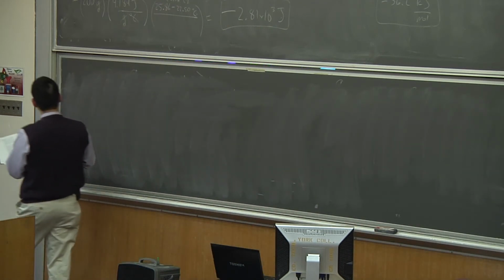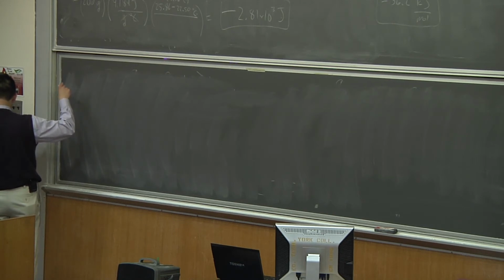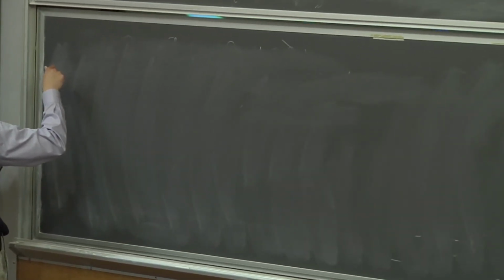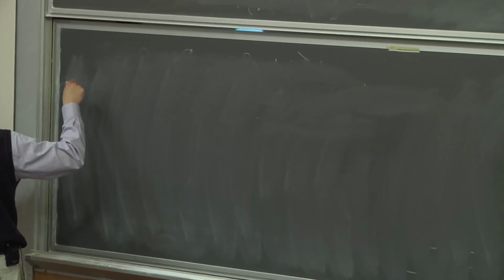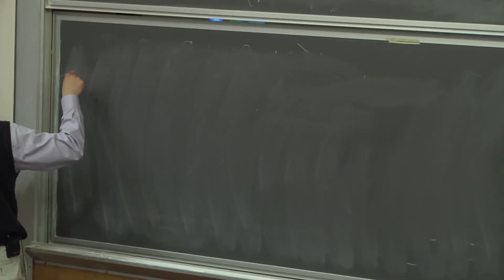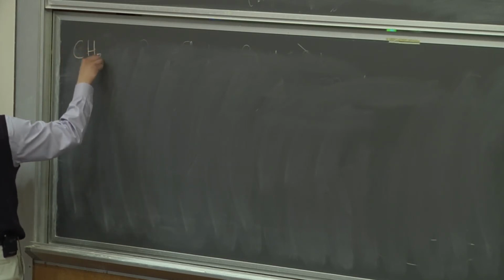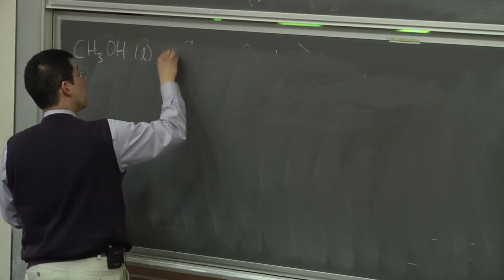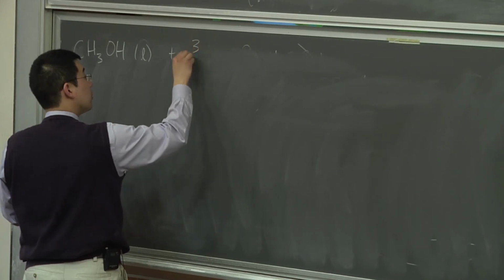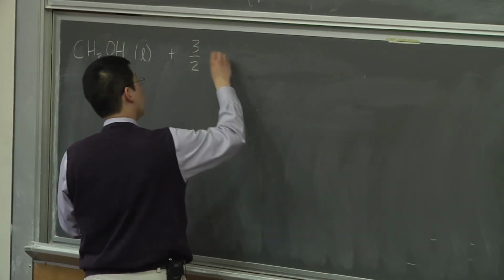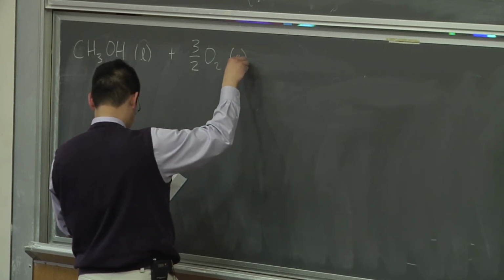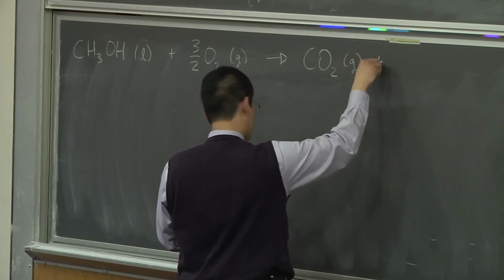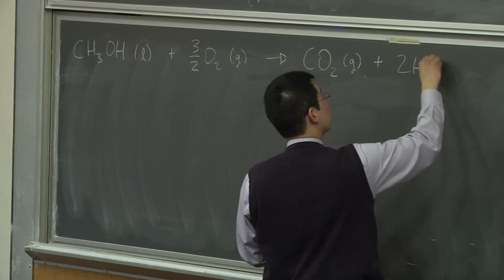All right, so we're looking now at CH3OH, liquid, that's methanol, one type of rubbing alcohol, plus 3/2 of O2 gas gives you CO2 gas plus 2H2O liquid.